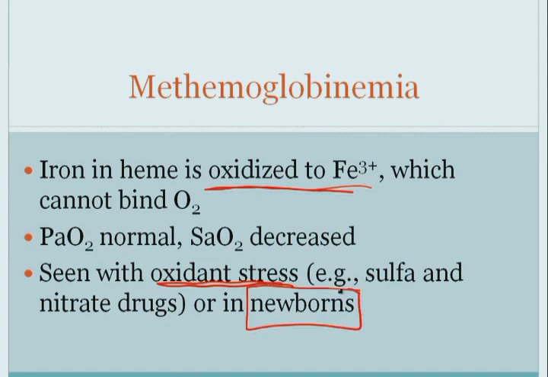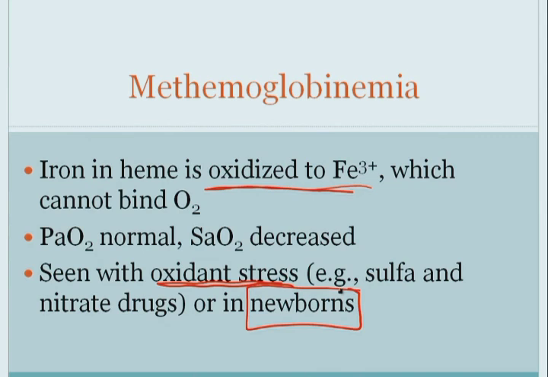In order to understand that, you should remind yourselves that we're always oxidizing iron within hemoglobin, and all of us probably have a very tiny percentage of methemoglobin floating around in the blood. That's because the blood carries oxygen, and there's an oxidant stress that's constantly present within blood.